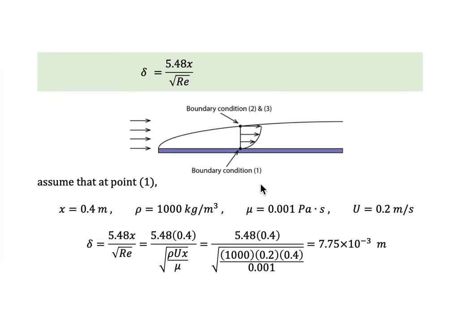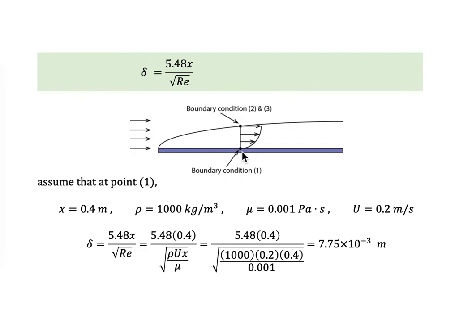How do we use this equation to calculate the boundary layer thickness? Let's say we have a thin flat plate, with water flowing from left to right and creating the boundary layer on the flat surface. We want to calculate the boundary layer thickness at point 1. First, we need to know the location of point 1.